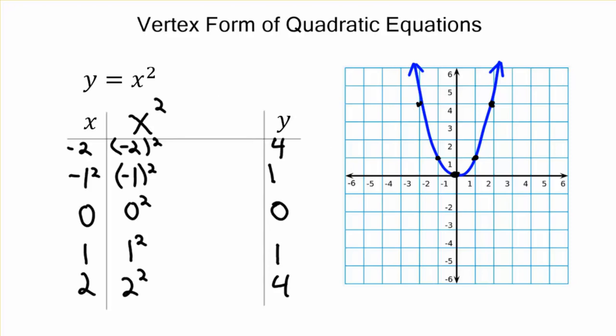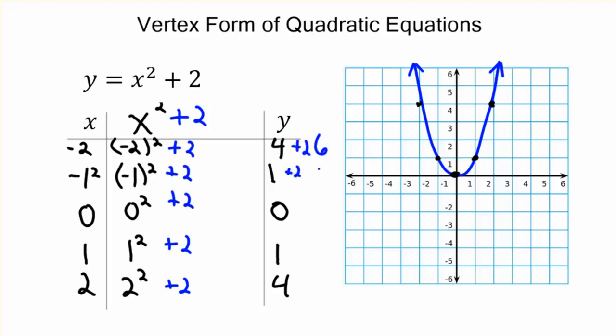But what happens if we just add 2 to all of these? x squared plus 2. Well, our y coordinates are going to be whatever x squared is, and we add 2. Well, when we add 2 to y, we're going to get 6 and 3, and we're going to get 2, and we're going to get 3 again, and we're going to get 6.